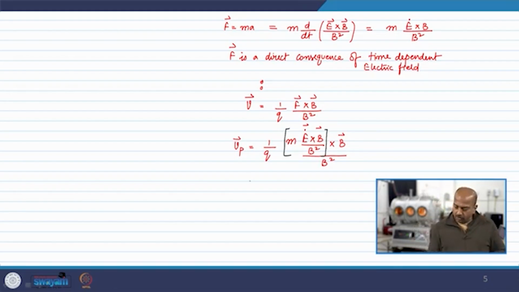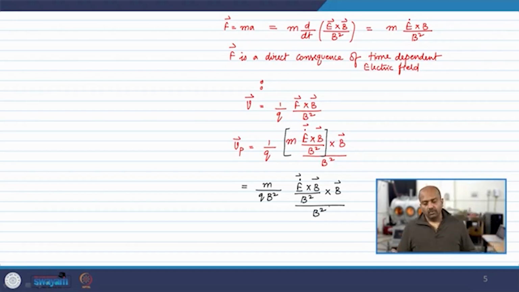We will now simplify this to make it easy to remember. Let us say m by q B square times E dot cross B by B square, cross B, divided by B square.